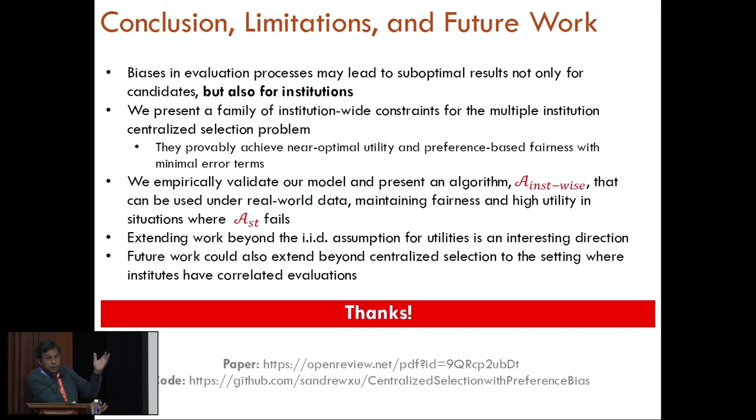We considered a specific model of bias in evaluation processes. Our main contribution theoretically was to analyze the Gale-Shapley algorithm in the presence of such biases. In particular, we discovered new algorithmic stability properties of this algorithm, which may be of interest.